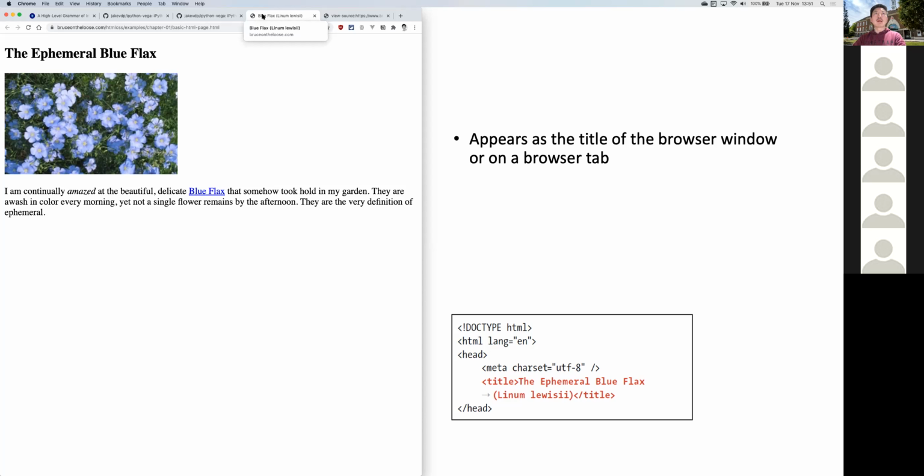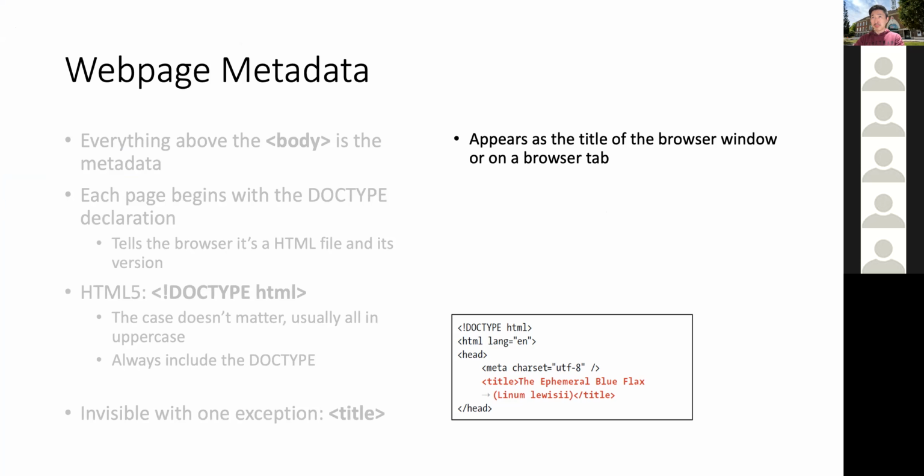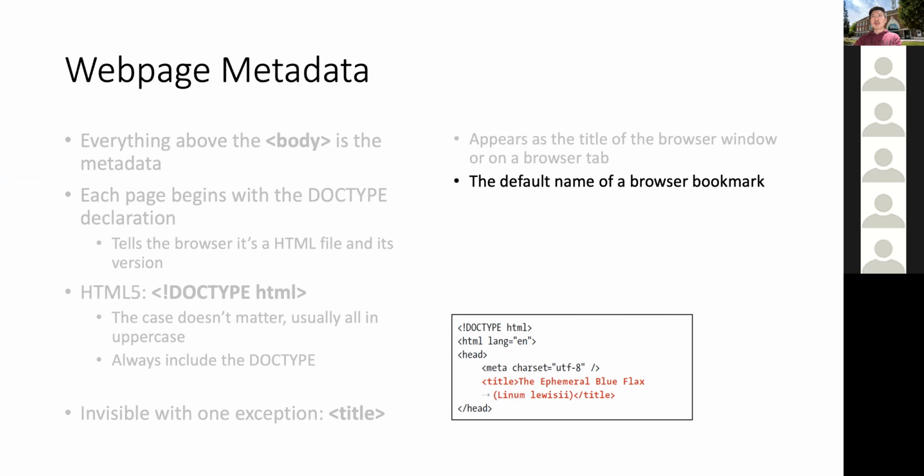It's a bit small, and I don't think there's a way I can make the title text bigger. So basically, the title appears here and not here. That's the thing to remember. And it's used as a default name for a browser bookmark. So if you bookmark the page, the title can be used to name that bookmark.